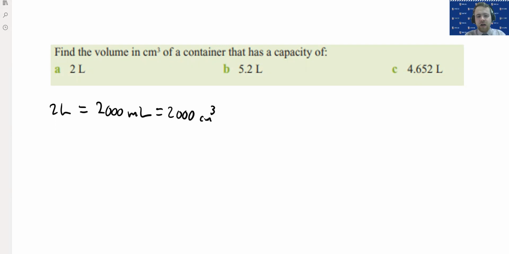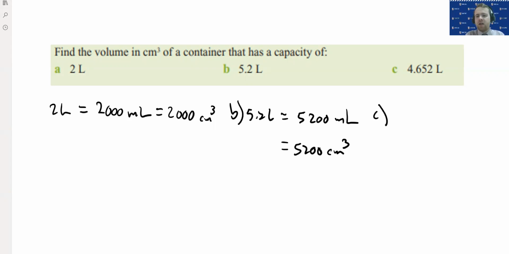So we had to go first from liters to milliliters and then from milliliters to centimeters cubed because that's a bit easier to do. So 5.2 liters is going to be 5,200 milliliters, which is going to be 5,200 centimeters cubed.